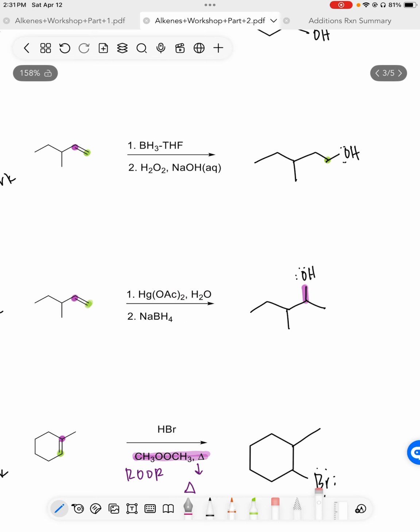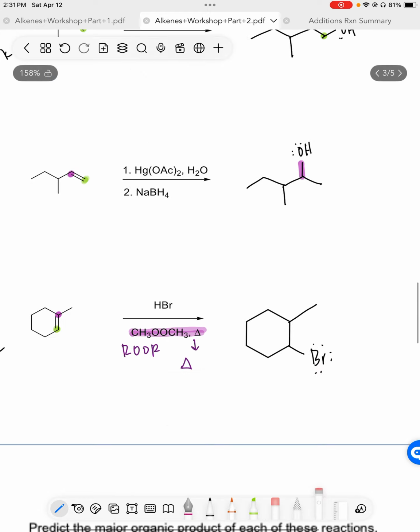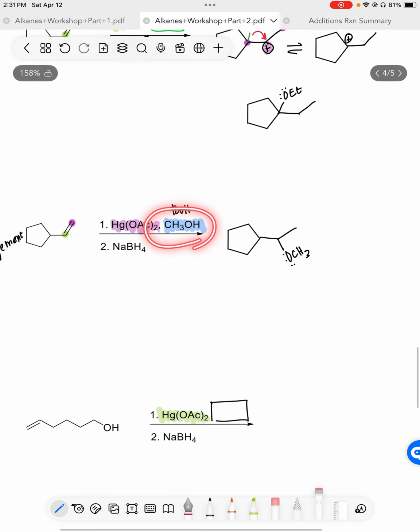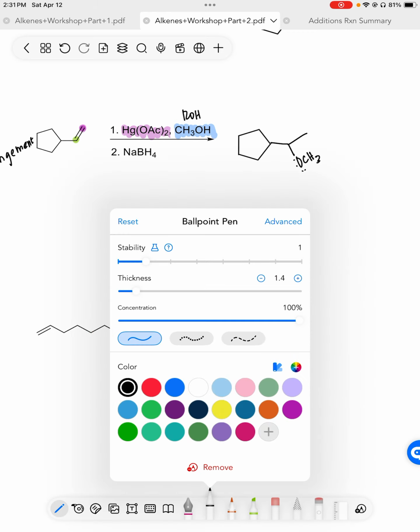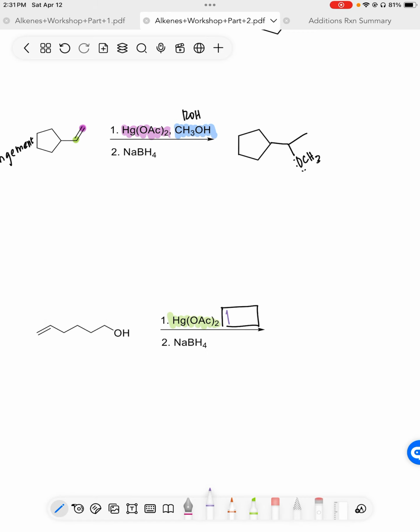So we know we're adding an alcohol to that one. We're making an ether out of this one. This one doesn't have anything attached to it. However, it is already a part of the molecule. It's this alcohol. So it's as if we have an alcohol here. And it's going to do an intramolecular attack.